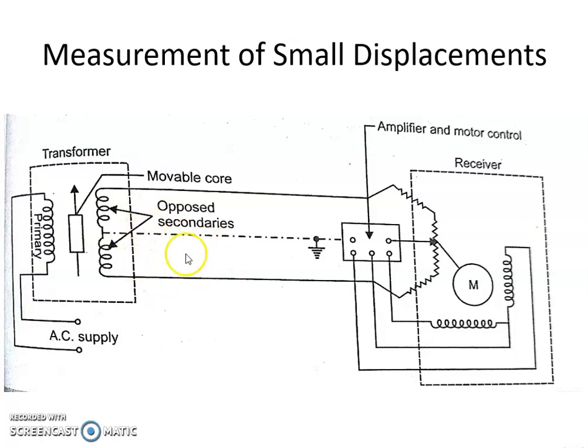So the difference in voltage will give the amount of displacement of the core. Here the magnitude of displacement is measured in terms of the magnitude of the secondary voltage, and the direction of displacement is decided by the polarity of the output voltage across the secondary winding. In this way, small displacements of the order of mm can be measured in terms of change in the output voltage across the secondary winding.